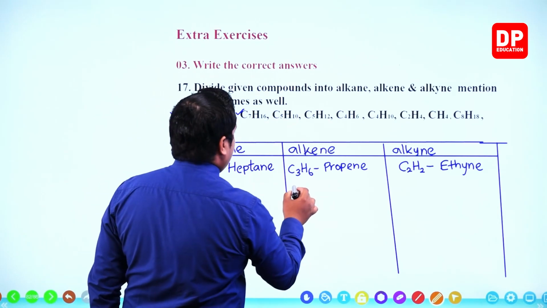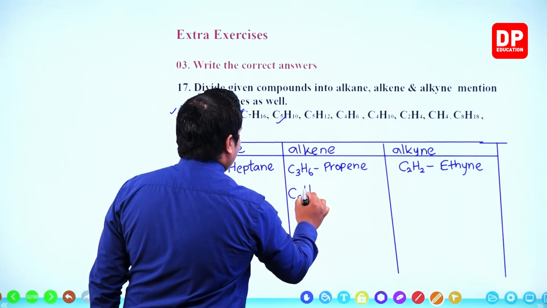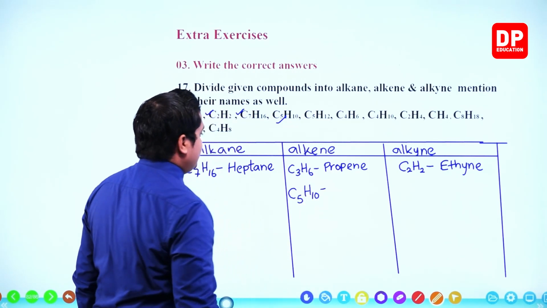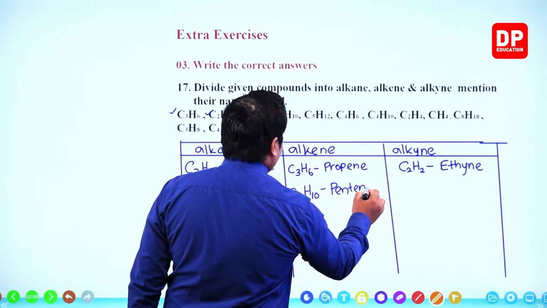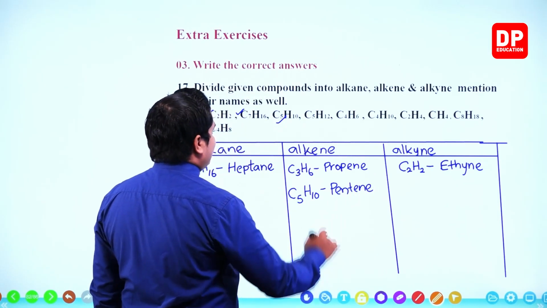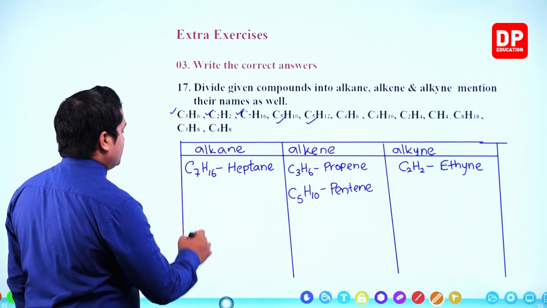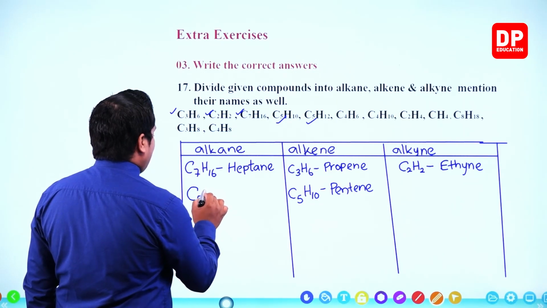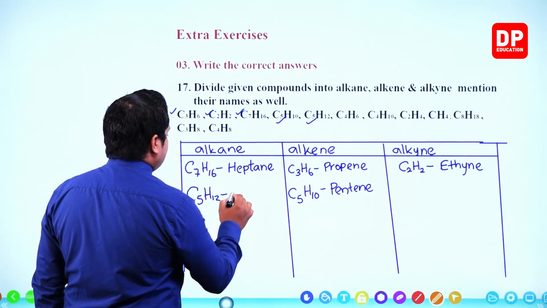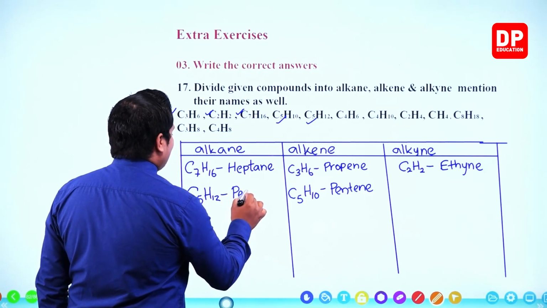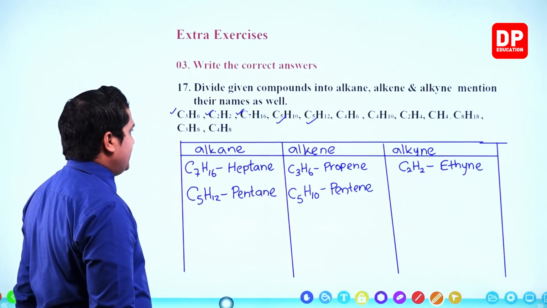Once again an alkene because 2N. C5H10. So this is pentene. Next one, C5H12. So 2N plus 2. Alkane. C5H12. This is pentane.